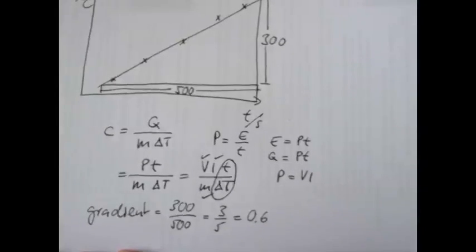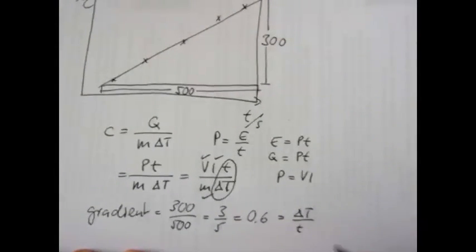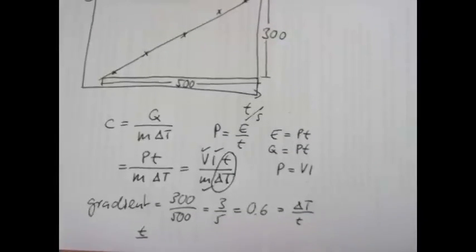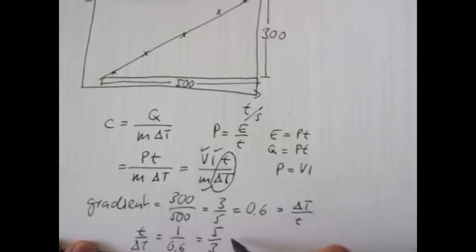And that would be equal to delta T over T. Now in this case I'm interested in T over delta T, so I just do 1 over 0.6, and with that result I get 5 over 3, so that is approximately 1.7.